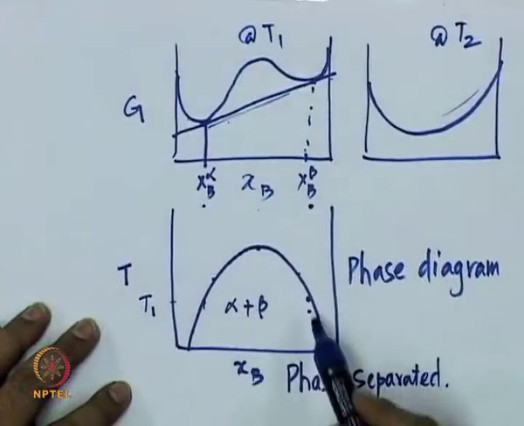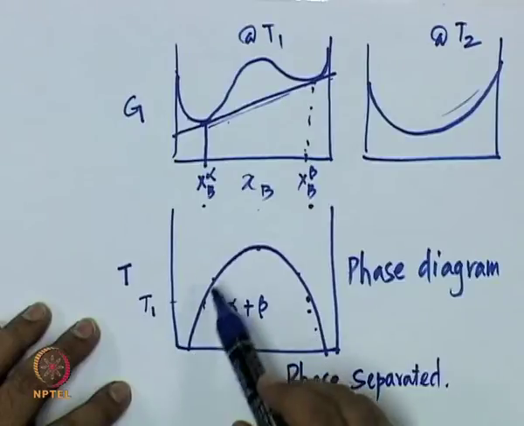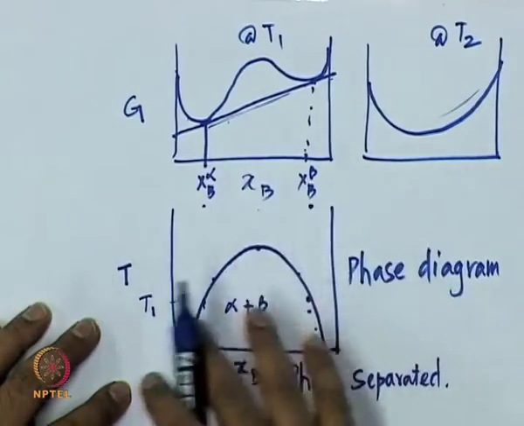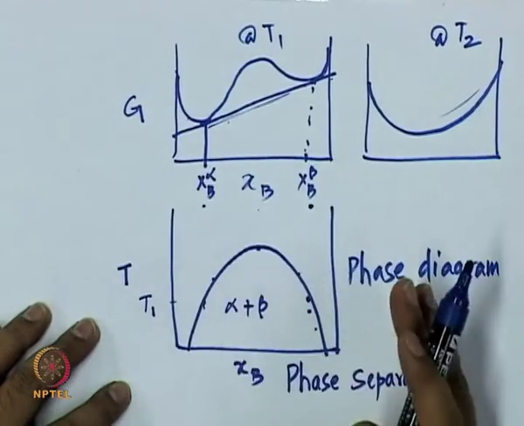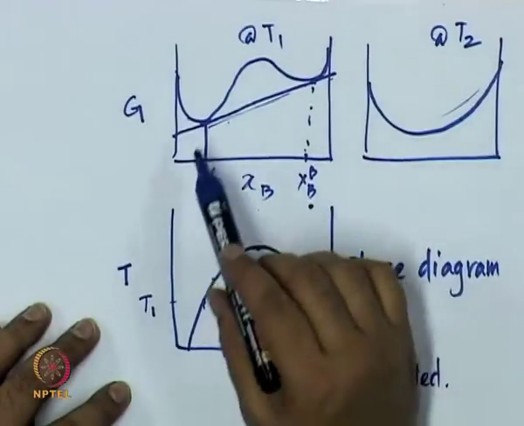The regular solution model gives a very symmetric phase diagram as you see here. So, this is known as a phase separating system, and this is also sometimes known as miscibility gap, because there is some immiscibility. If the two atoms are completely randomly distributed in the solid solution, then you will have a completely mixed system, but that is not what we are seeing here.